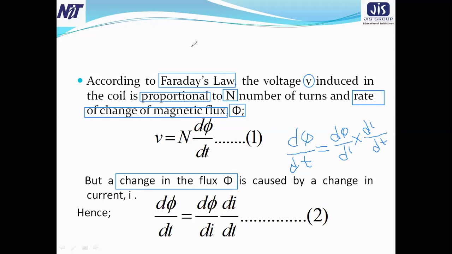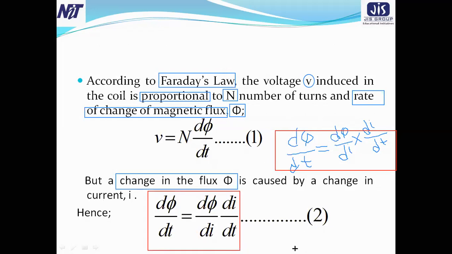Remember this part: because the change in flux phi is caused by a change in current i, we can modify d phi dt in the form of d phi di into di dt.